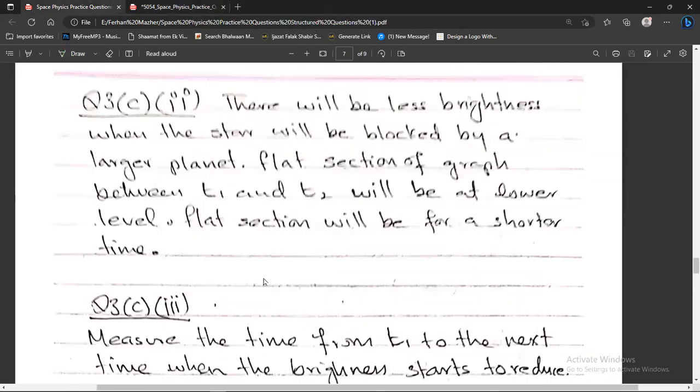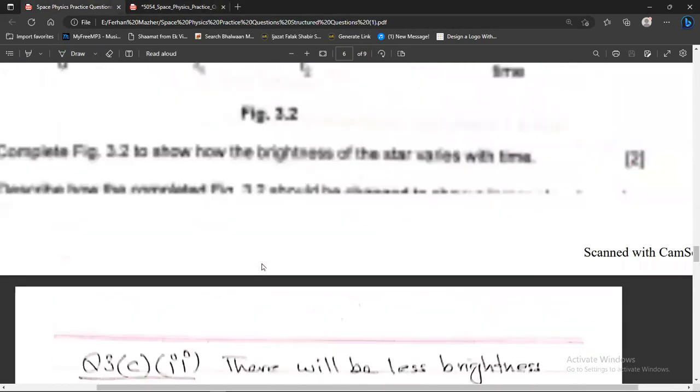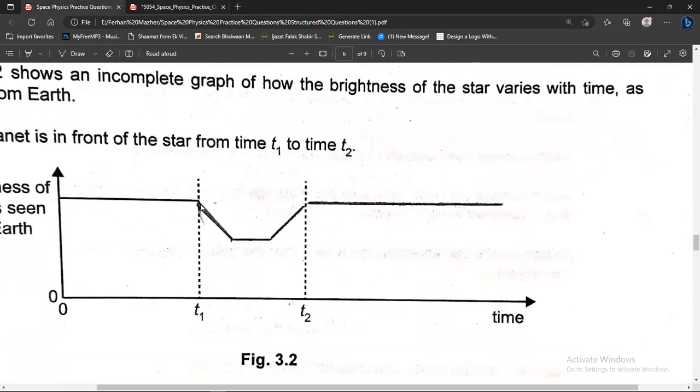They will start counting the time when the brightness started decreasing, and they will wait until the brightness again starts to drop. For example, at T1 the brightness started decreasing, so they will note down the time from that moment until the brightness again starts decreasing.